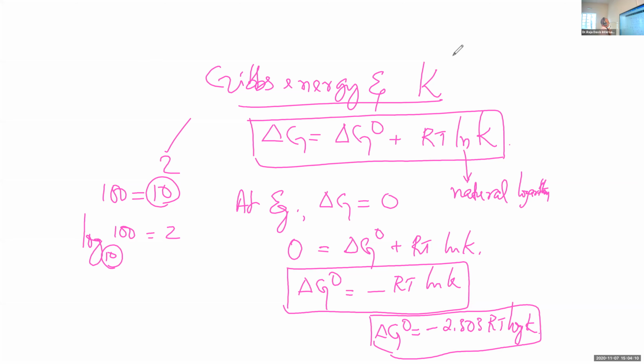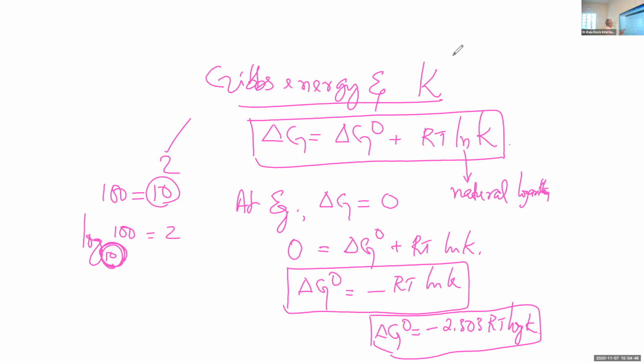Logarithm of a number, for example here 100, to a given base that is equal to 10, is the power to which the base is raised to get the number. And here the base is 10. So log of 100 to base 10 is equal to 2 because the base 10 is raised to the power 2.